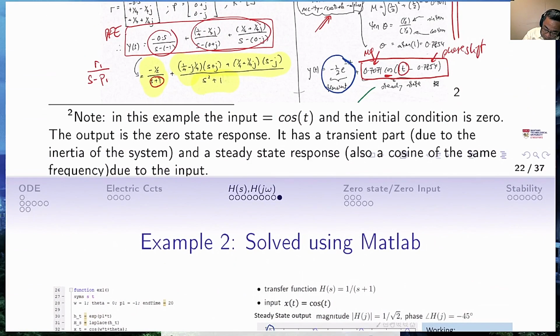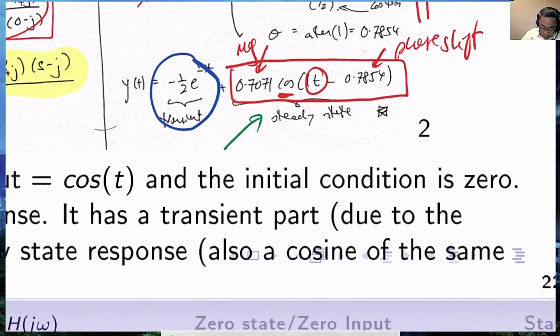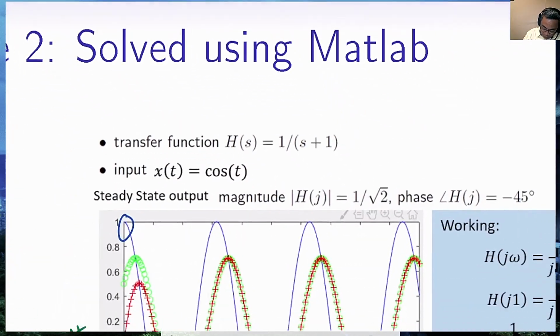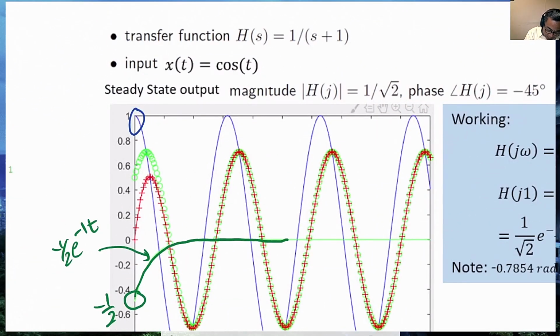Alright, what about this guy? 0.7071 cosine t minus a phase shift. So it's a cosine of amplitude 0.7071. Okay, where is it? It's the green bubble guy. This green bubble guy is the cosine.